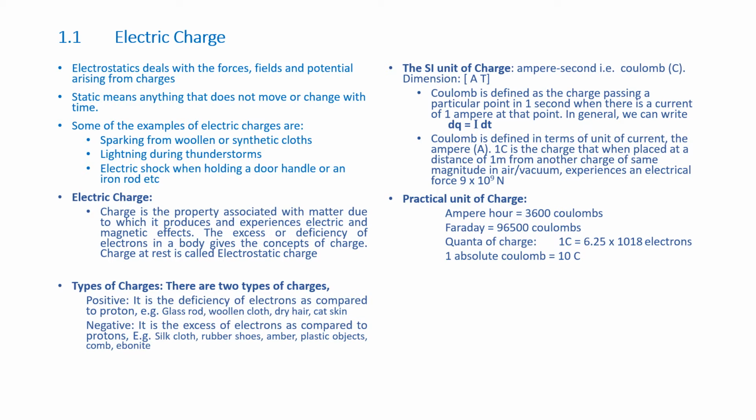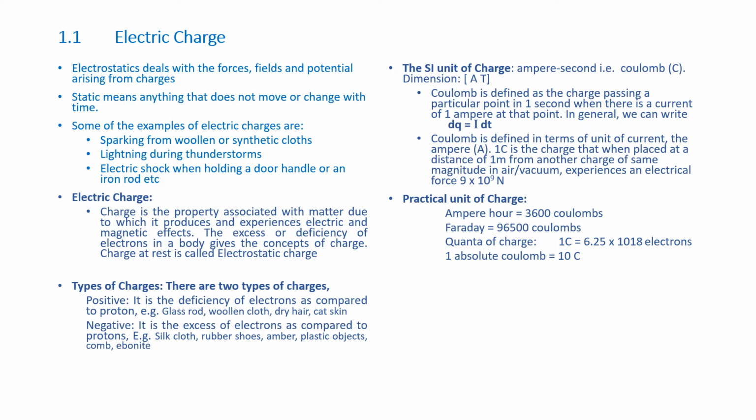Practical units of charge. Ampere hour is also used as a practical unit of charge. It is equal to 3600 coulombs. Sometimes we also use Faraday. 1 Faraday is equal to 96,500 coulombs.